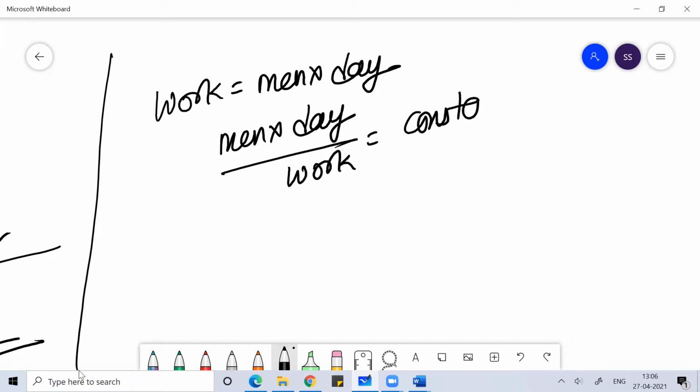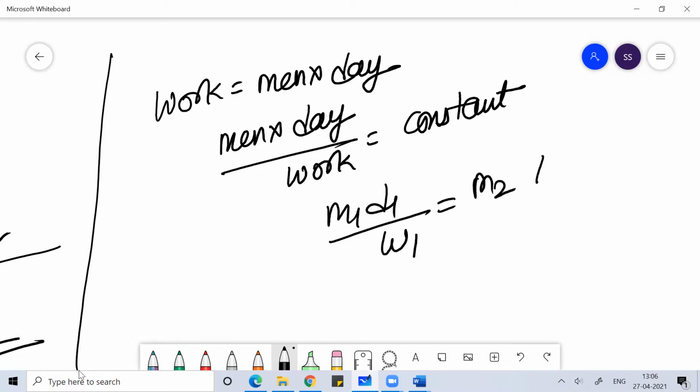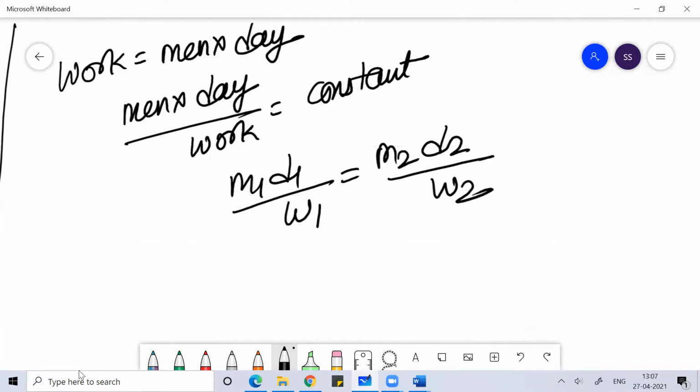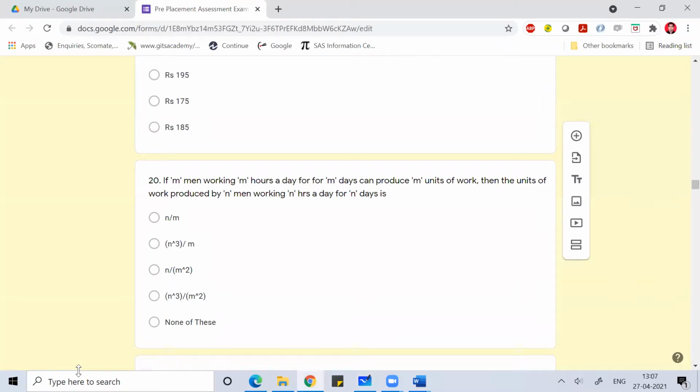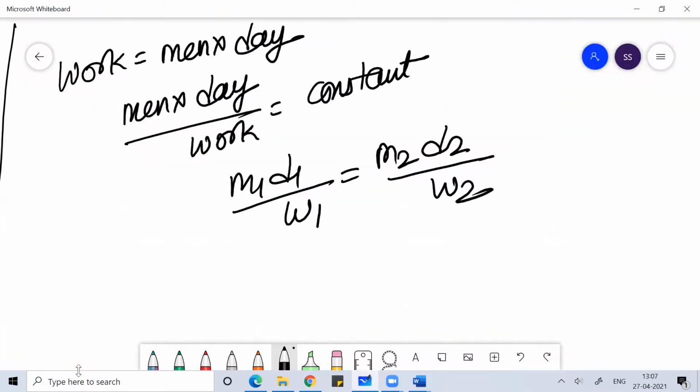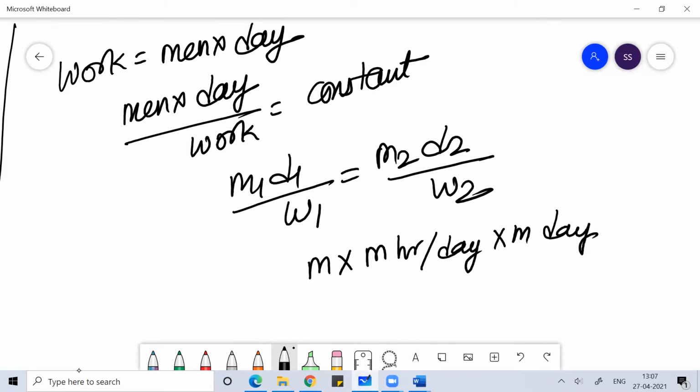I can say M1 D1 by W1 is equal to M2 D2 by W2. Here, M men are working M hours a day, and they're working for M days. So in total, how many hours have they worked? M square hours.